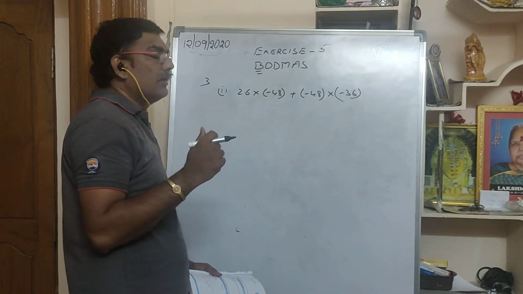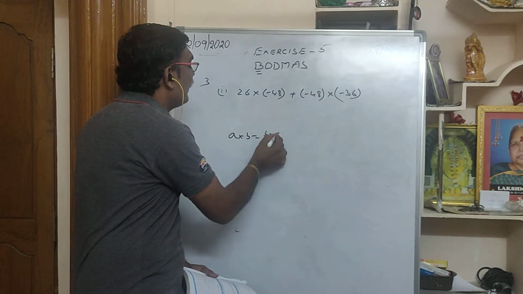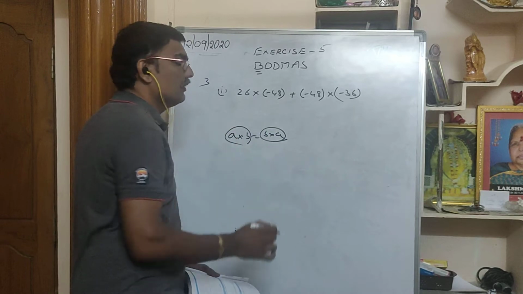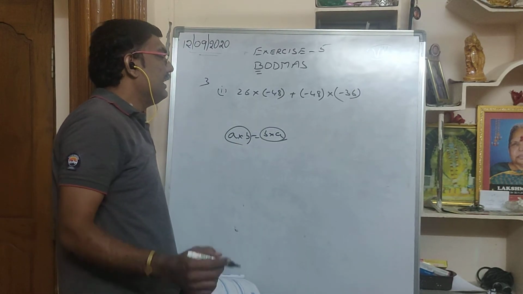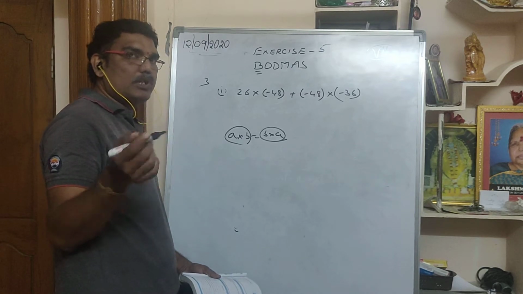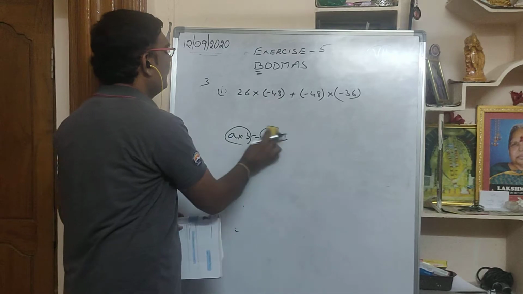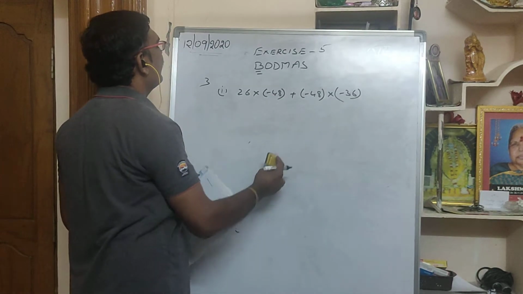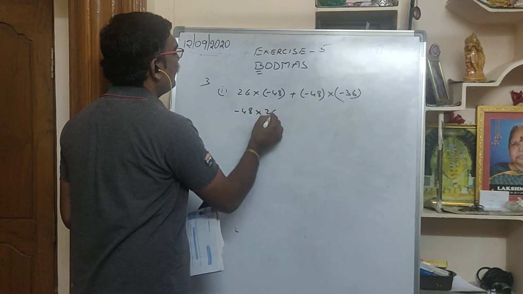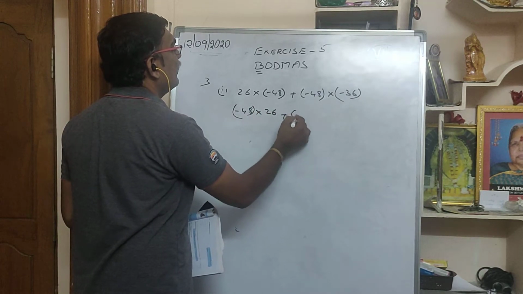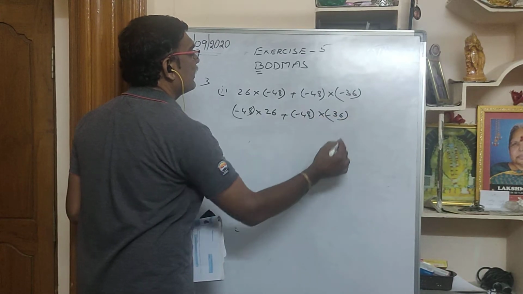A into B and B into A, are they same or different? This is called the commutative property. A into B and B into A are both the same. Now I am writing A into B as B into A, meaning minus 48 into 26 here, and again minus 48 into minus 36 here.